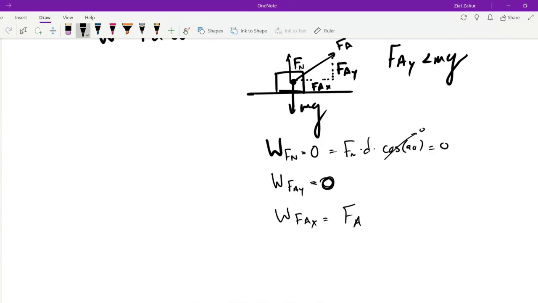Now FA is a vector, right? So FA points this way at some angle theta. Notice how d is to the right, so the angle between the two is theta. So by finding the x component, you are essentially doing the dot product, because once you find the x component of FA it is already parallel.